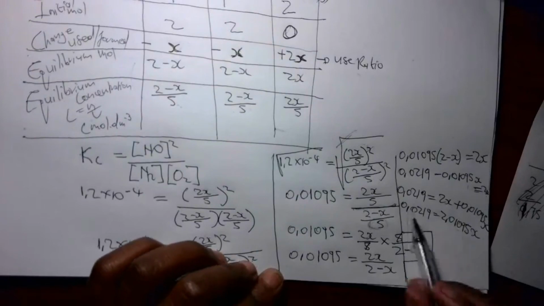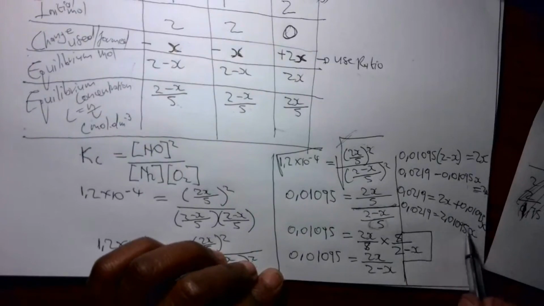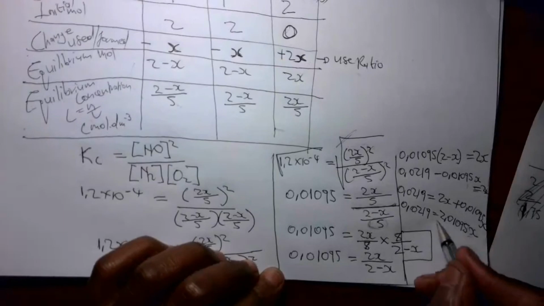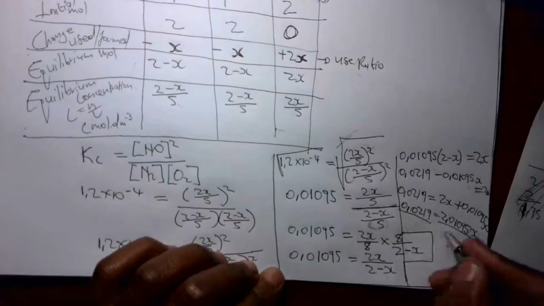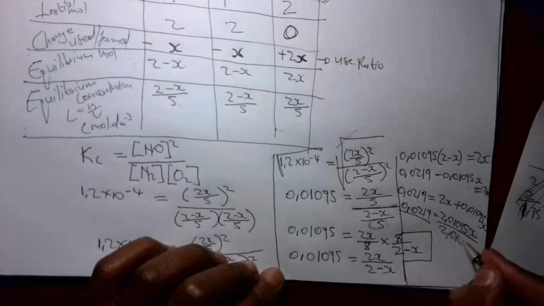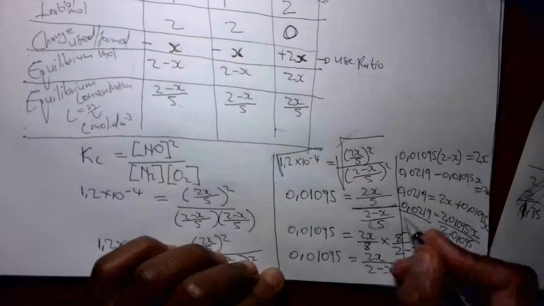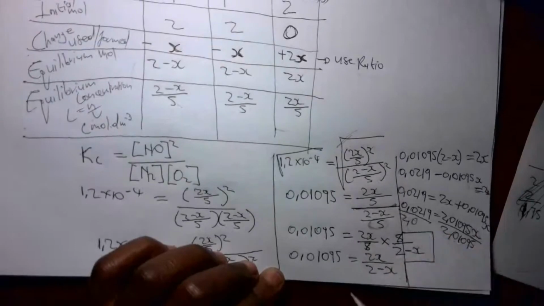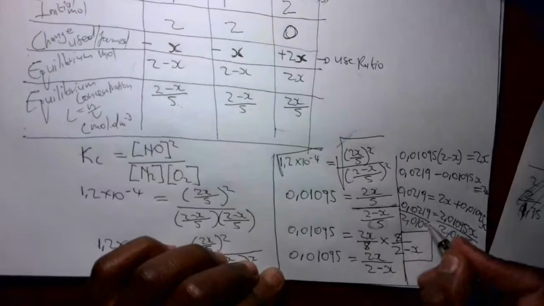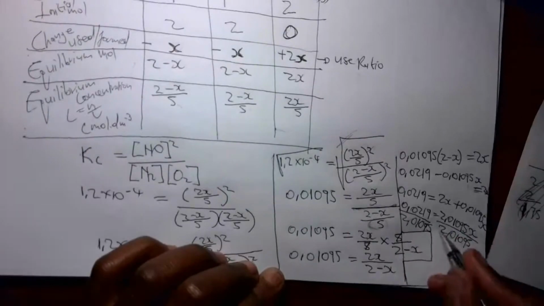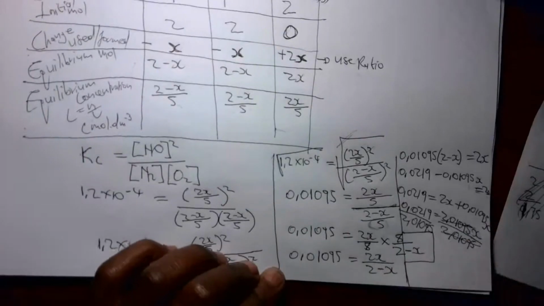We divide both sides by this because we're looking for that x. So we divide both sides by 2,01095, so this cancels that.